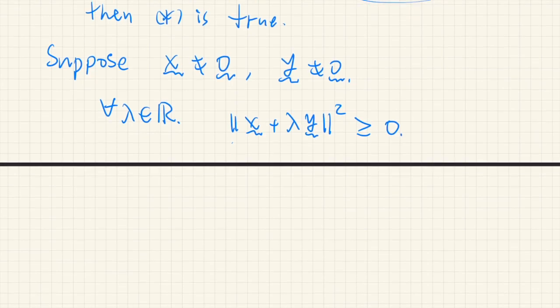Okay, and if we expand this, first of all, this norm squared is equal to, as one of the properties of the scalar product, the scalar product between x plus lambda y with itself.